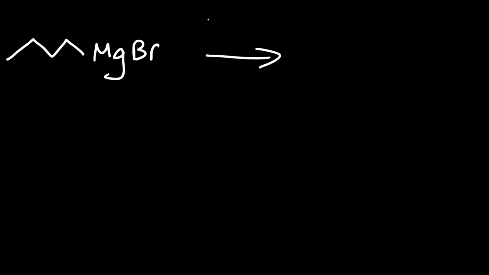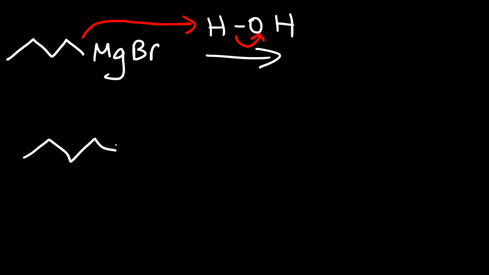Now, it's important to understand that when using the Grignard reagent, you want to avoid using basically any type of solvent that is protic, or that has an acidic hydrogen atom. For example, if you put the Grignard reagent in water, it's going to react with water. So the nucleophilic carbon atom will act as a base and take the hydrogen atom, forming an alkane.